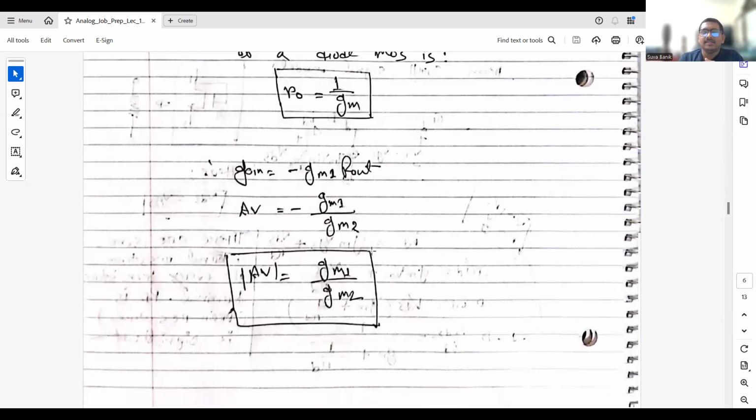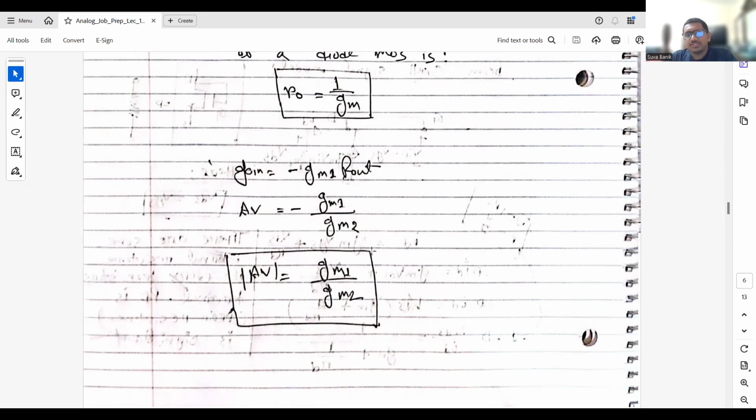Okay, so in this case, the gain is minus GM times R out, or RD, whatever you call it, and here RD or R out is nothing but 1 over GM. So here we can see an interesting issue: the gain is only a ratio of two GMs.